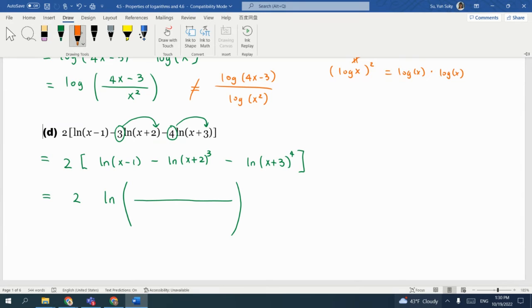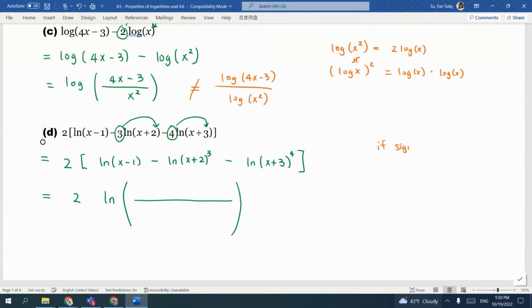If the sign in front is positive, move the factor to the numerator. If the sign is negative, move the factor to the denominator.